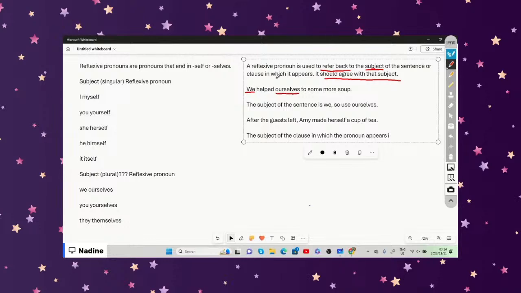We are helping ourselves. So the subject within the sentence is we. So it needs to refer back to the subject. If we is our subject, then we use ourselves.